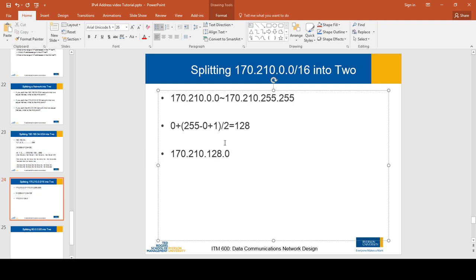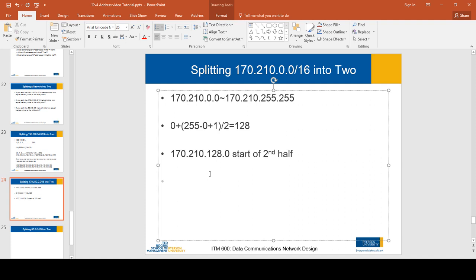Alright, so all the IP addresses before this number starting from 170.210.0.0, all the IP addresses before this start of the second half will be in the first half.